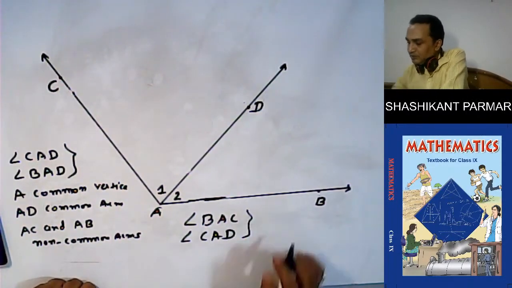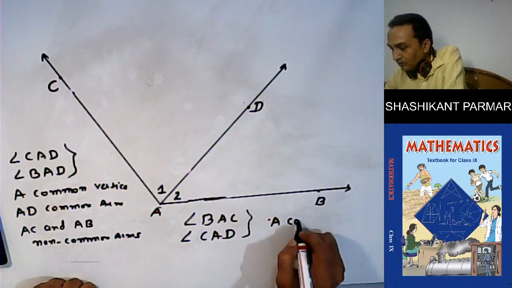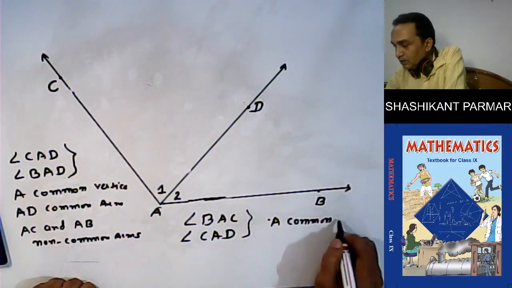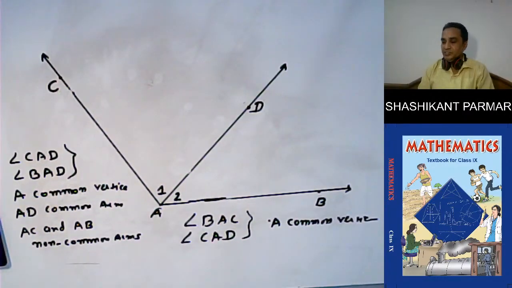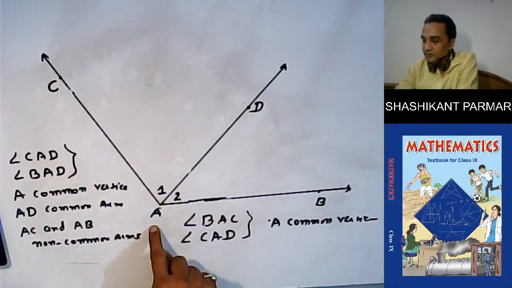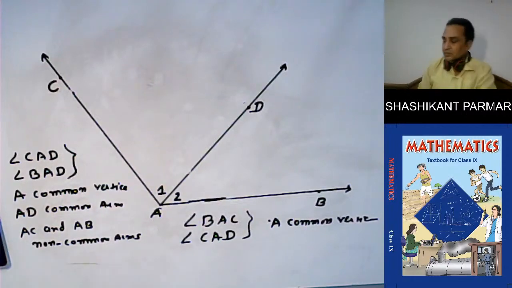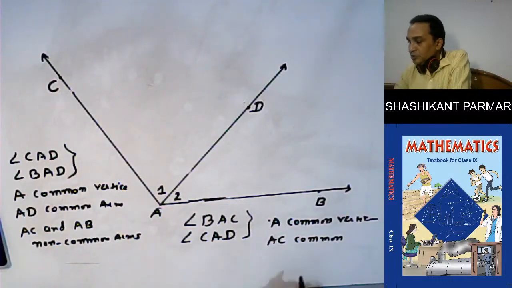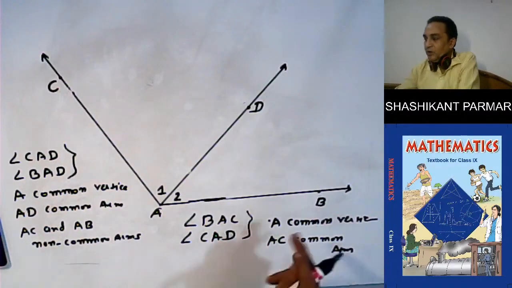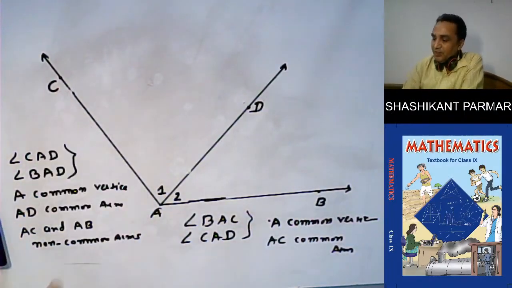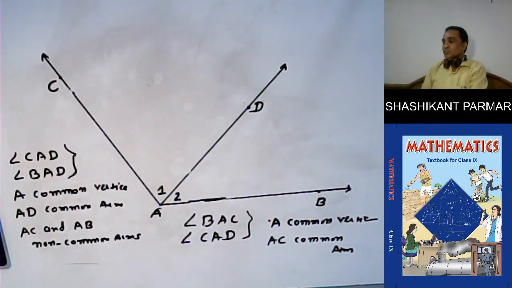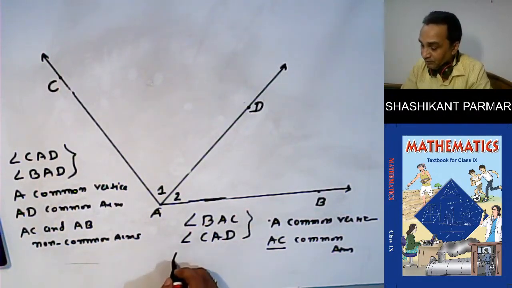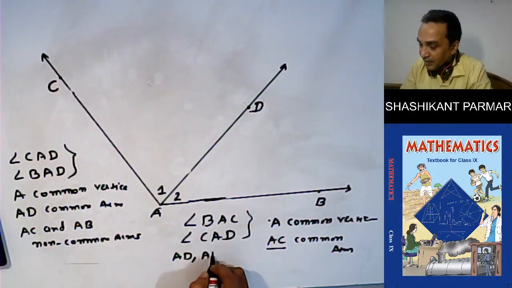For both these angles, A is the common vertex, and AC is the common arm, because in BAC one arm is AC and in CAD one arm is AC. But the non-common arms are AD and AB.